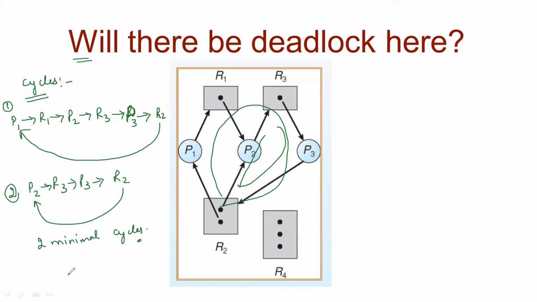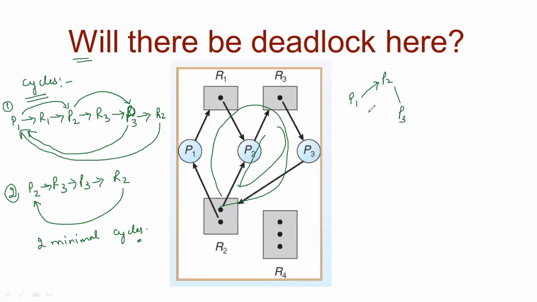So it means that there is a circular wait in this graph. P1 is waiting for process P2 to finish. P2 is waiting for process P3 to finish. And P3 is waiting for process P1 to finish. So in between processes, the circle is like this.